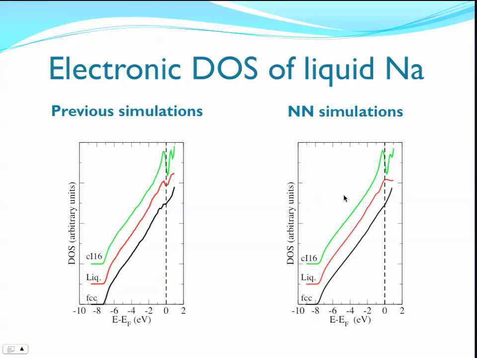If we calculate electronic density of state of liquid sodium, we also see that there is no pseudo gap. So our results are in complete contradiction to the previous observations. So what's going on here?